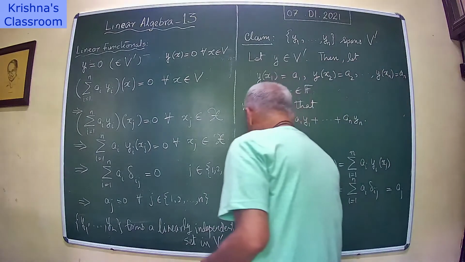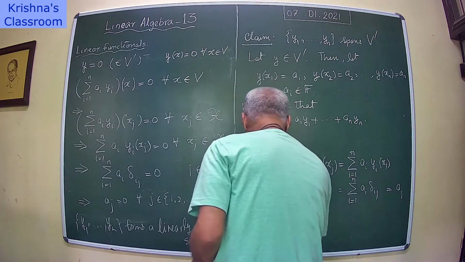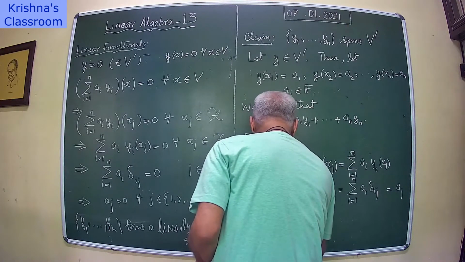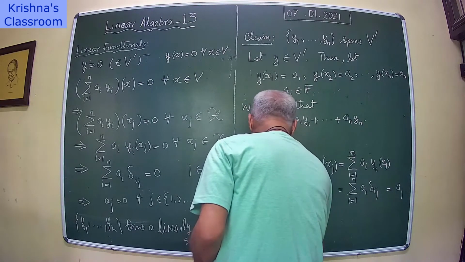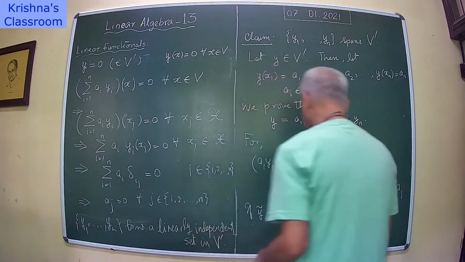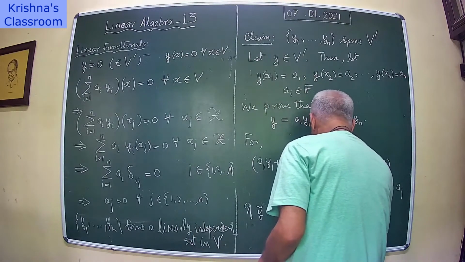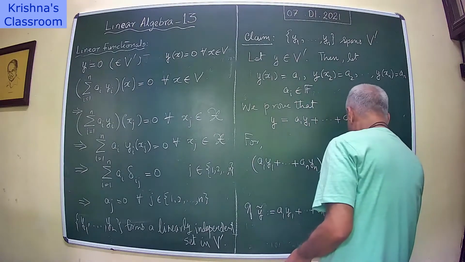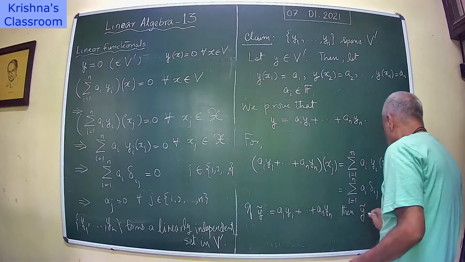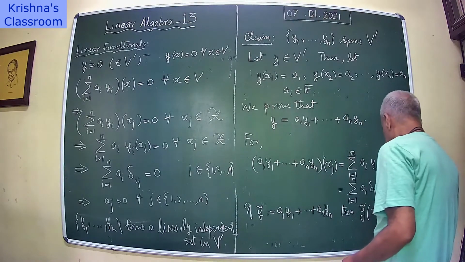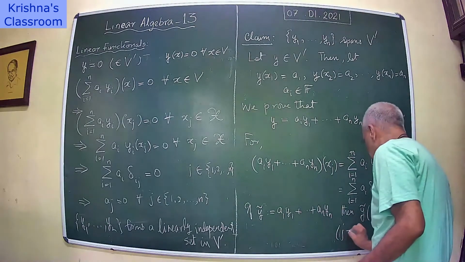So if y tilde is defined as a1 y1 plus a2 y2 plus etc. an yn, then y tilde of xj equals aj for j equal to 1 to n.